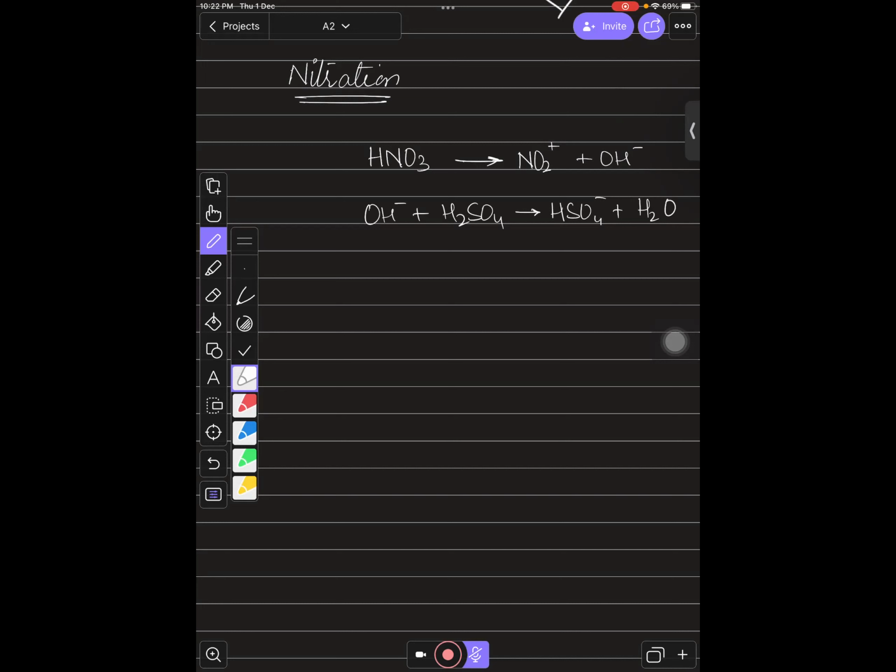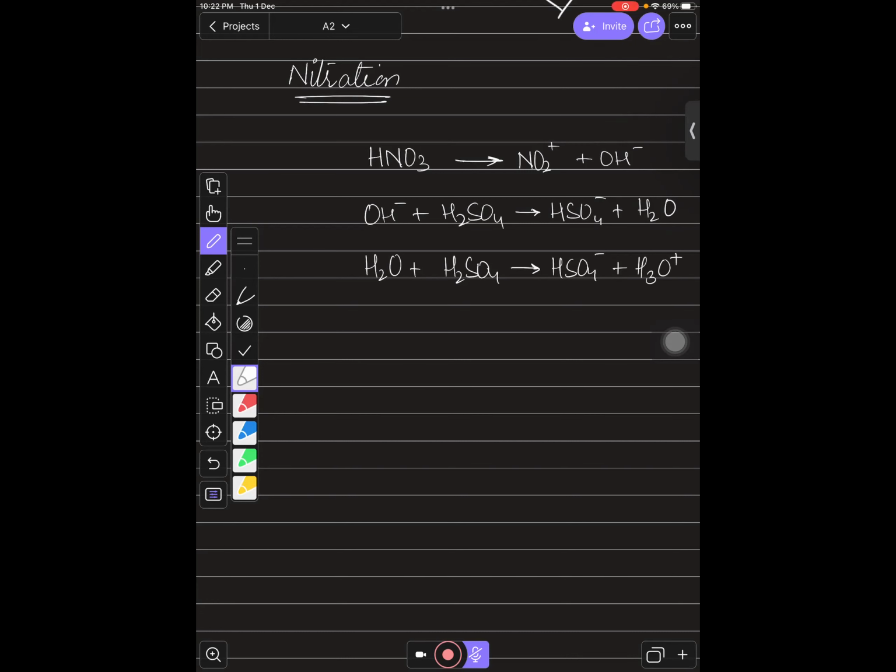This water molecule is again going to react with sulfuric acid, and a dissociation equation happens over here. HSO4 minus again forms and one hydronium ion forms.